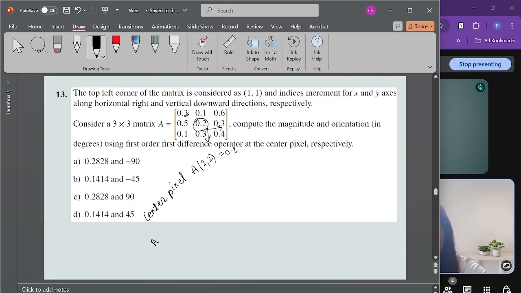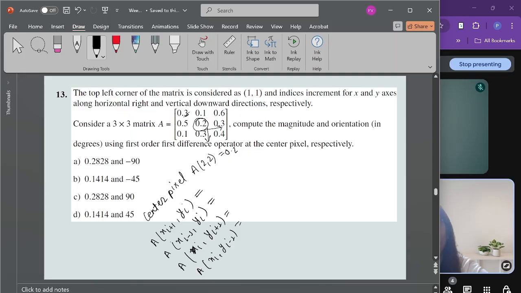Can you let me know? A(xi+1, yi), A(xi-1, yi), A(xi, yi+1) and A(xi, yi-1).